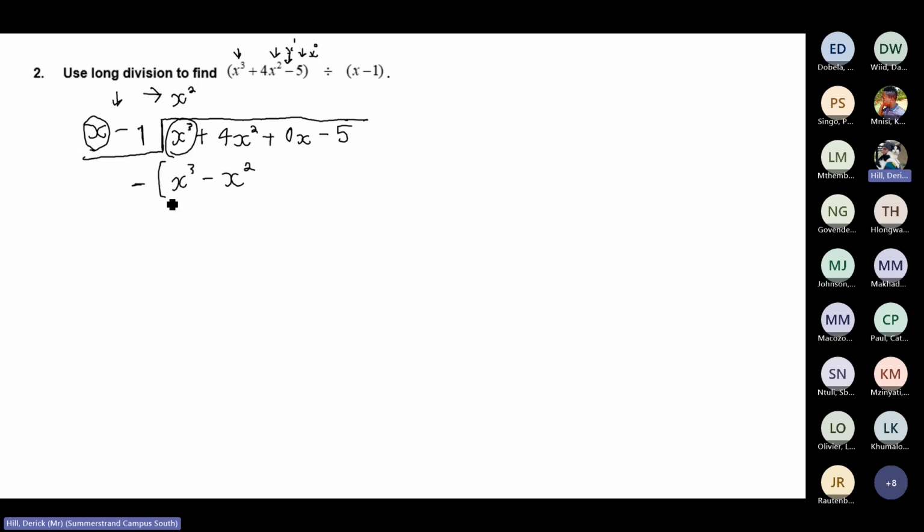So I'll have brackets there, just so that I don't get confused with this minus. So what do I have? I've got x cubed minus x cubed, which gives me a 0. And then I have 4x squared minus minus x squared. So that becomes a plus x squared, which will give me a plus 5x squared.